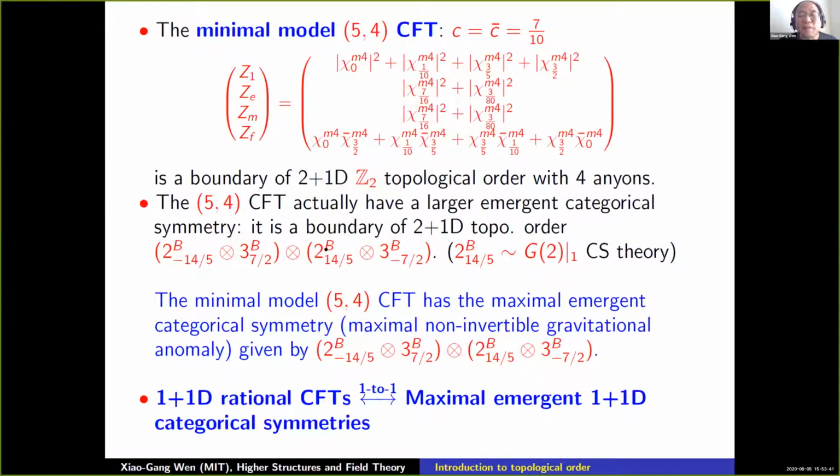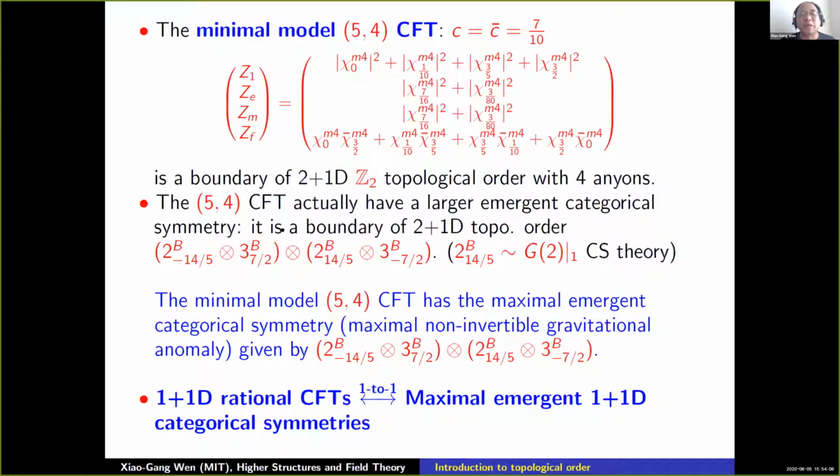And the first one is the Fibonacci anyon model, the Fibonacci model we mentioned. It's also actually the G2 level 1 Chern-Simons theory. The second one is a twisted Ising model. It's an Ising unitary fusion category, but with some twist. And so the tensor product of 2, and then the other one is a time reversal conjugate.